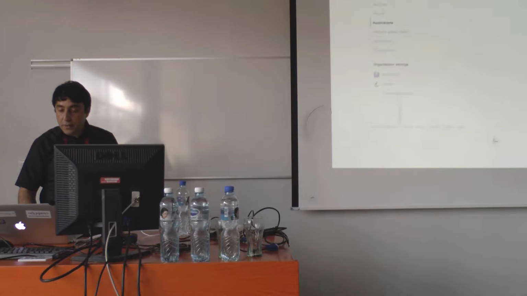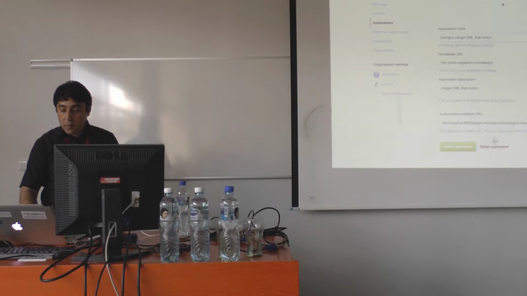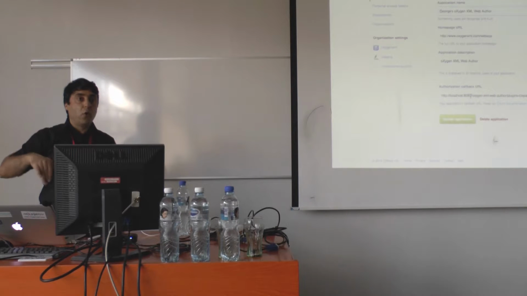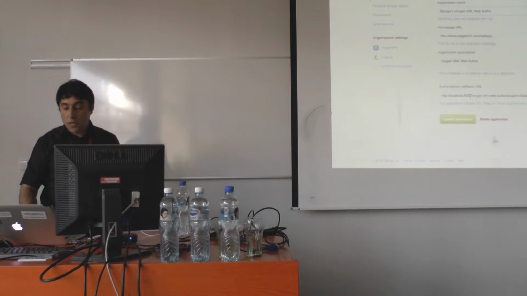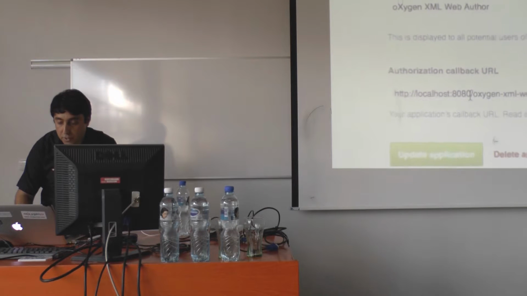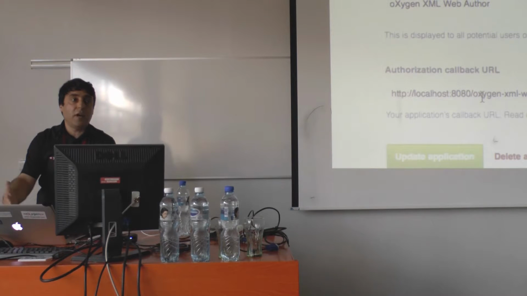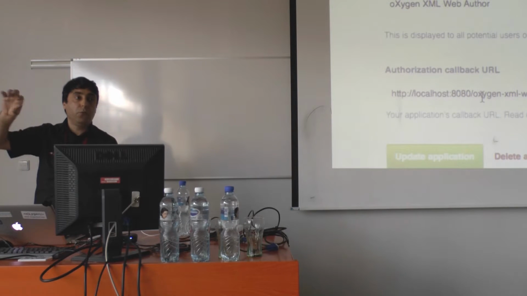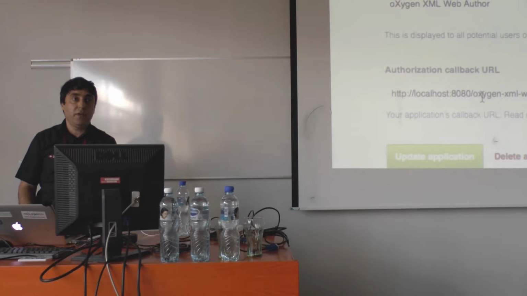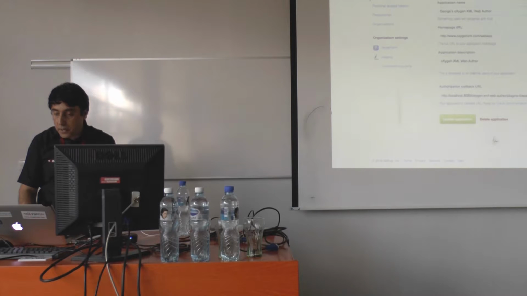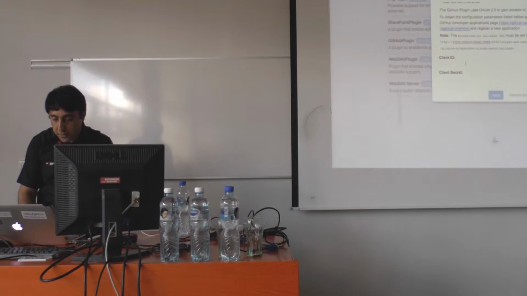I have already defined an application here which uses localhost as the callback in my case, so it says localhost 8080 for the callback URL. So I can test; I do not have this available with a specific name on the internet. And then you have here the client ID that you need to paste here, and the client secret.